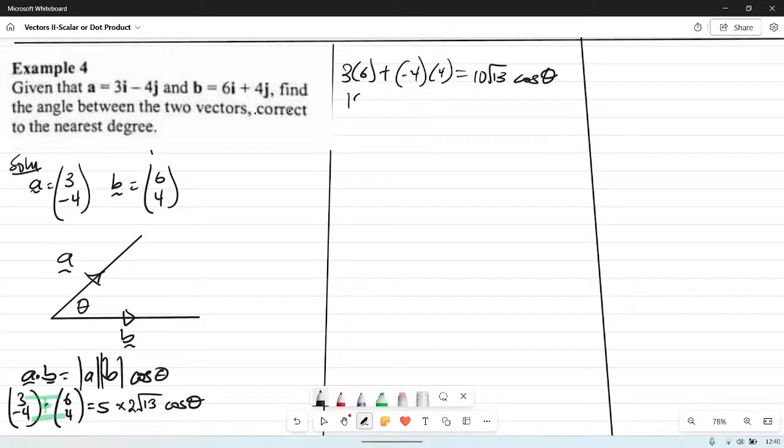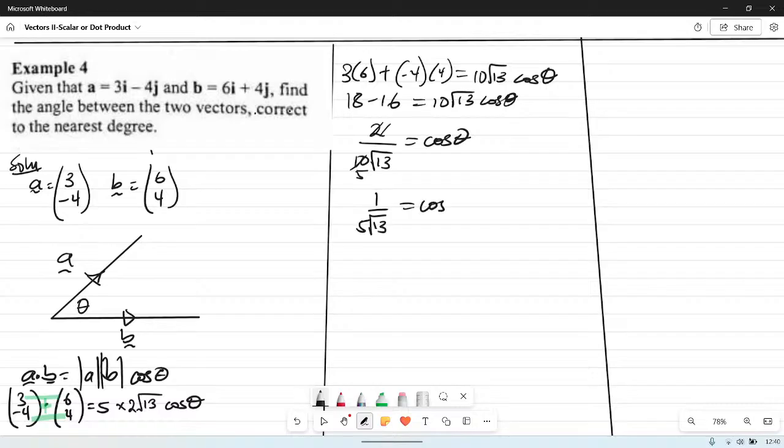18 minus 16 is 2. So 2 over 10 root 13 is cos theta. And so now we find the cos inverse of everything. So what will be the answer?